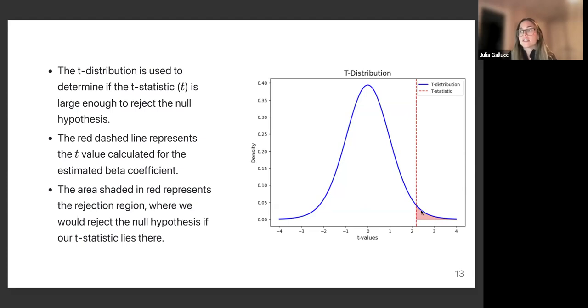So if our t-statistic falls within this rejection region, we say that our result is significant and that the relationship between the predictor and outcome is likely not due to random chance. So the critical value here is this point where our t-statistic would be considered large enough to be within this rejection region. And if our calculated t-statistic exceeds this critical value, it would fall into this rejection region and we would reject the null hypothesis.